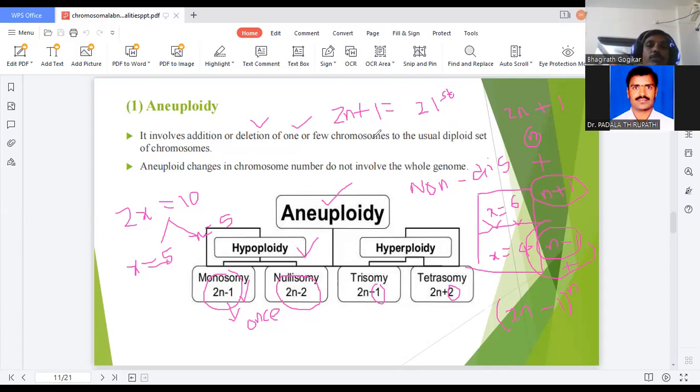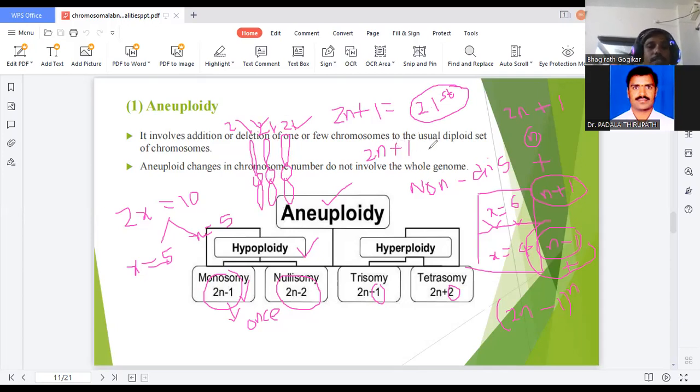Normally, how many 21st chromosomes are there? In a normal person there are 2, that is the set. But another extra chromosome 21 is there. So that is trisomic. 21 chromosome, again 21 chromosome, another 21 chromosome. So 21st trisomy is nothing but an example of 2n plus 1. That is trisomic. Are you followed?